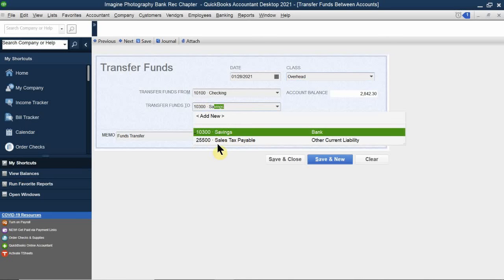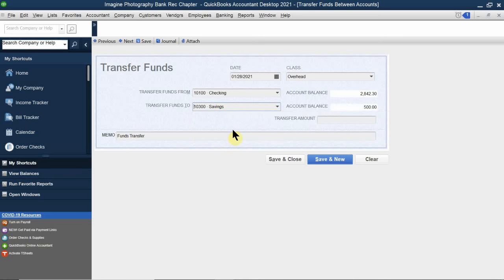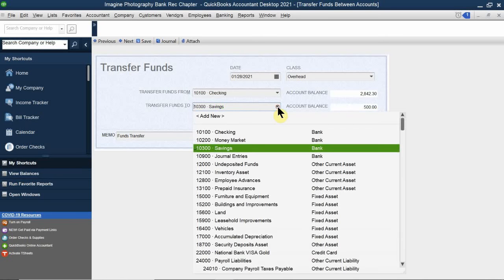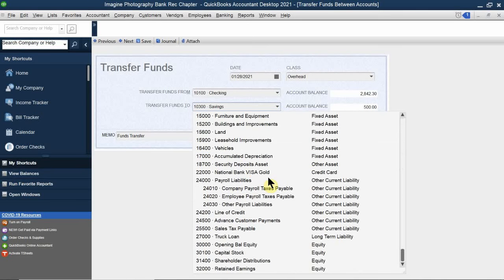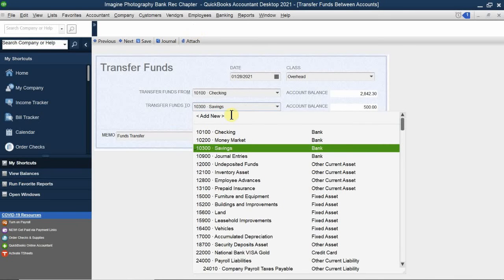So again, you're only strictly able to do this through your bank accounts and other accounts here. You wouldn't necessarily do a bank transfer to any other than just your bank accounts. But if it's necessary, then you can go ahead and put it into liabilities and whatnot.